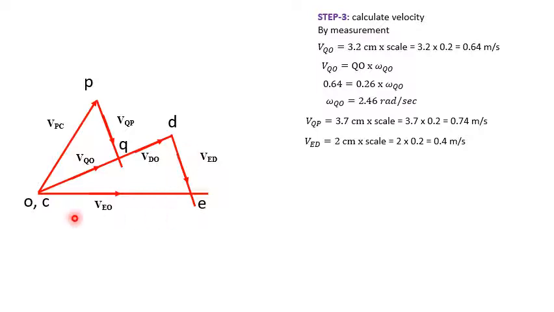Similarly for ED, the length I got is 2 centimeter, and after multiplying with the scale, its velocity becomes 0.4 meter per second. Next, the velocity of OE. Measure the length of this line OE in the velocity diagram. It is 5.3 centimeter, multiply by the scale. Therefore, the velocity of EO becomes 1.06 meter per second.